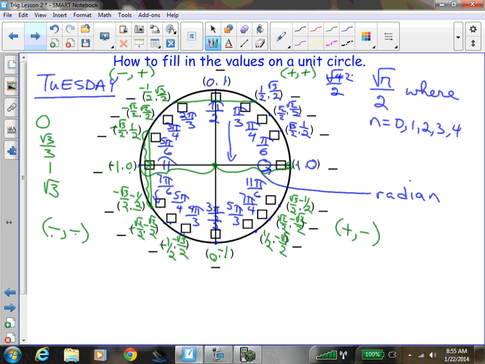And then you get that it's undefined, and when it's undefined, I'm going to put the infinity symbol just to be putting it. Or you can write undefined if you prefer that. But anyway, these are the values we're going to get. And if you'll think about that, this is increasing order of size. The square root of 3 over 3 is less than 1 because 3 is bigger than its square root. Square root of 3 is bigger than 1.